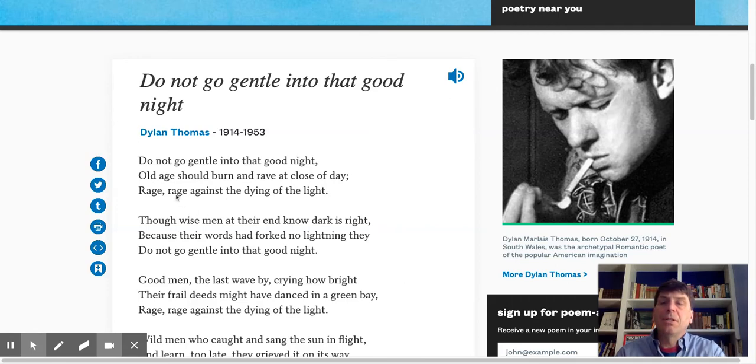So we have both alliteration, rage, rage, and assonance, the A sound. And just repeating that word, when a poet repeats a word, that kind of repetition is for emphasis. Don't just rage once, rage twice against the dying of the light. So he has, again, that image of the day, the light, the brightness of life as sort of fading or dying the way a sunset might, which would take us into the night that he refers to.